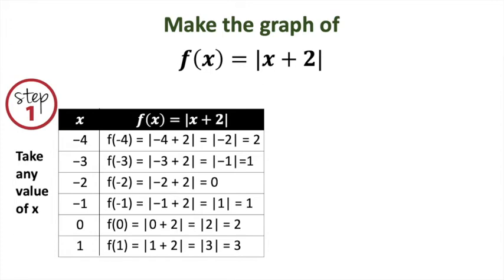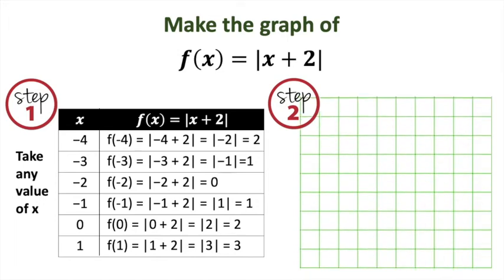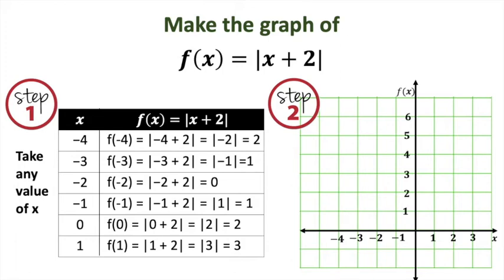Go on to step 2. Now, please prepare your squared paper and then make the vertical and the horizontal axes on your squared paper. Don't forget to put the labels. And now, let's start to make the dots.